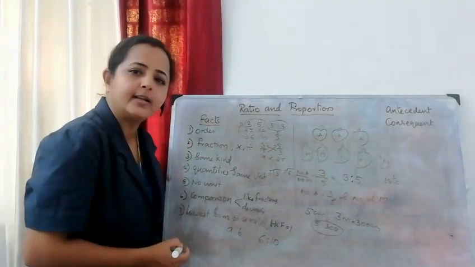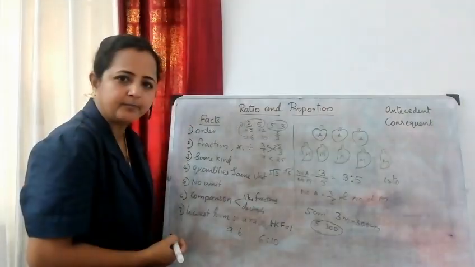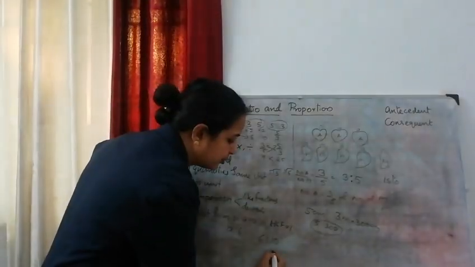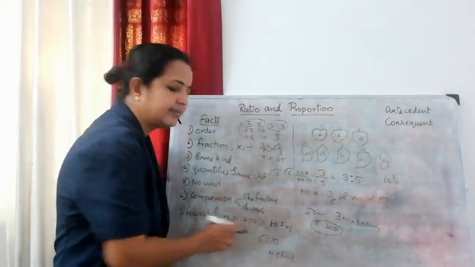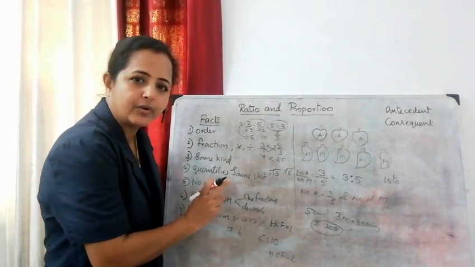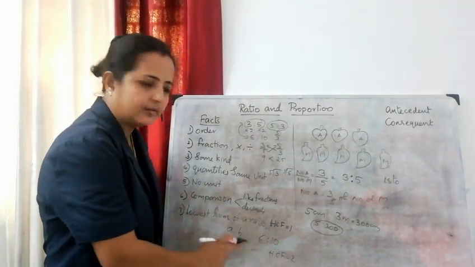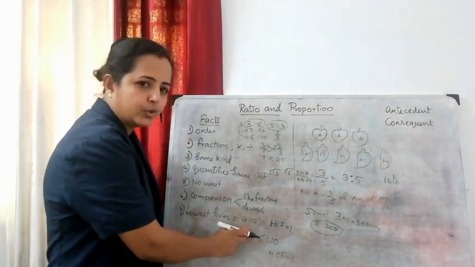Is this ratio in the lowest form? What is the HCF of 6 and 10? HCF is 2. If the HCF is 1, we can say that this is the lowest form. This is not 1. The HCF is not 1. A common factor is there, so it is not the simplest ratio.